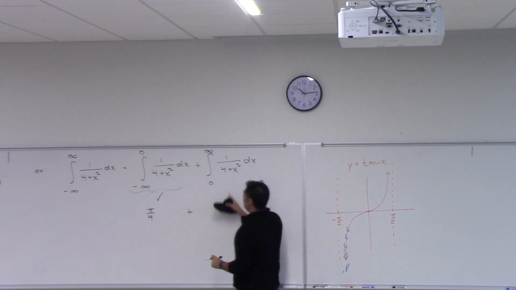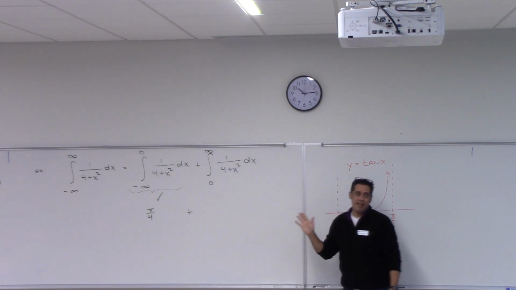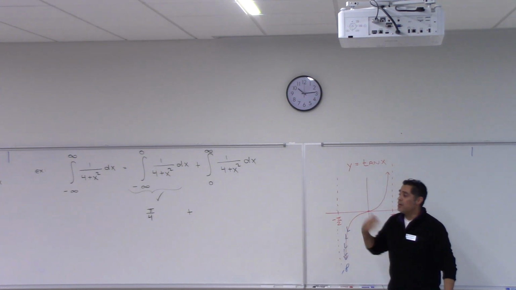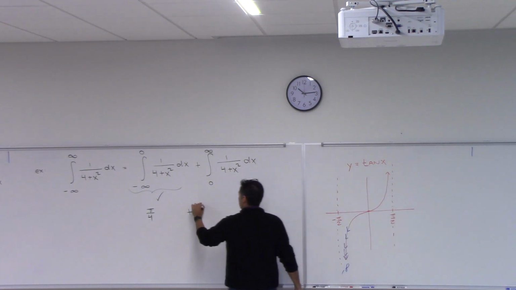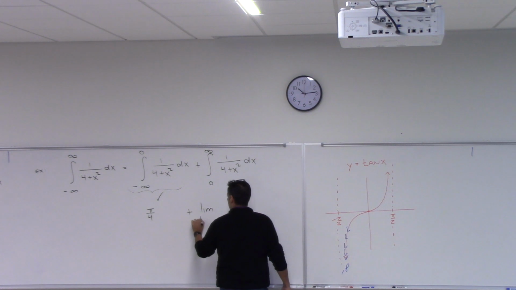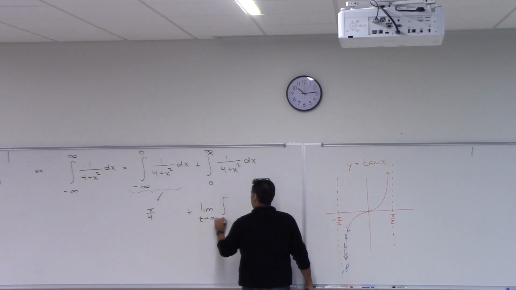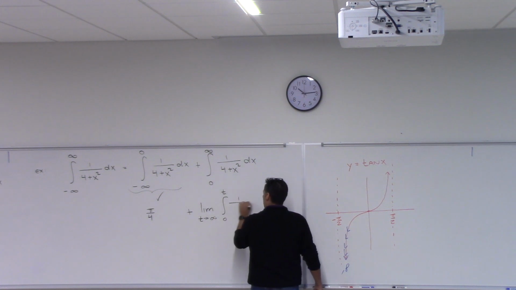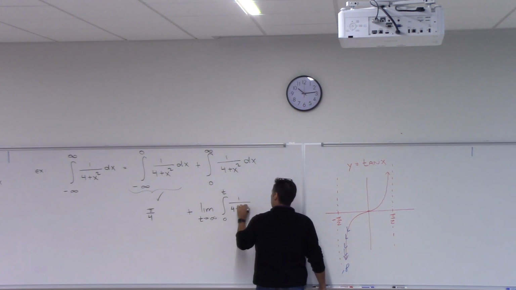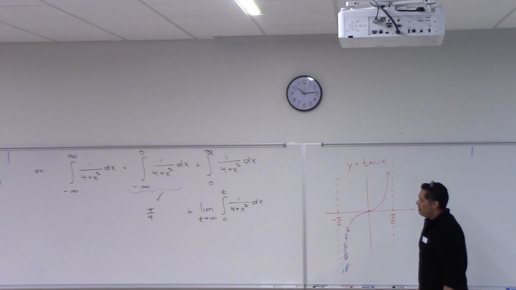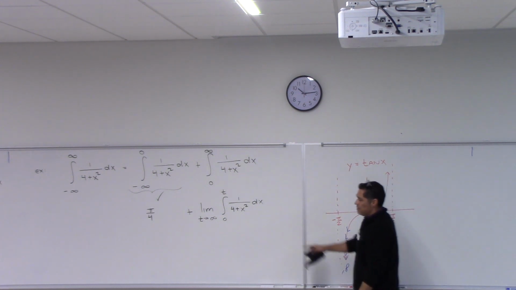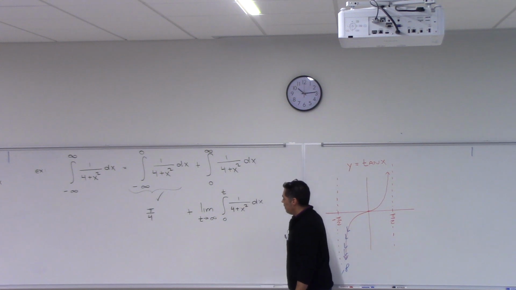Plus, now this one, even though we can pretty much guess it's going to be pi over 4, I'm going to go through the work again, all right? So for this one, I'm going to rewrite this as a limit: the limit as t goes to positive infinity of the integral from 0 to t of 1 over 4 plus x squared dx. That's me just rewriting that integral using a limit instead of the infinity.